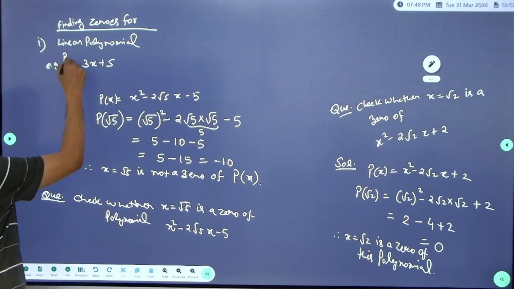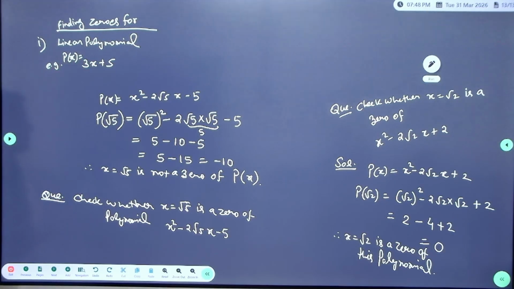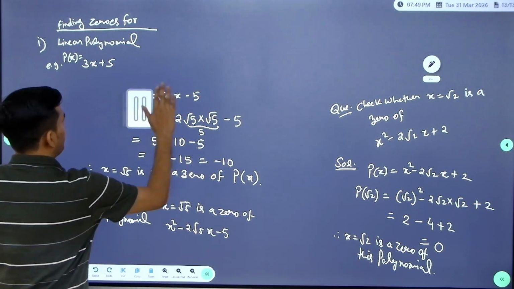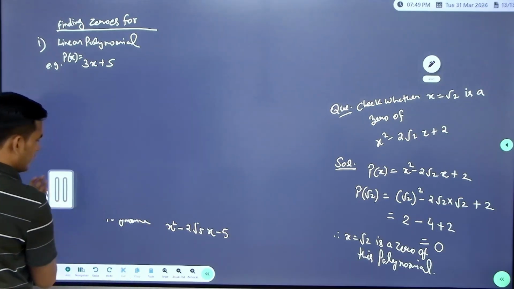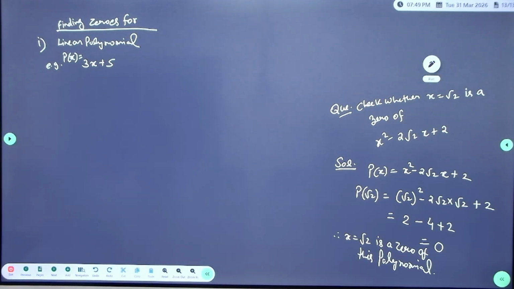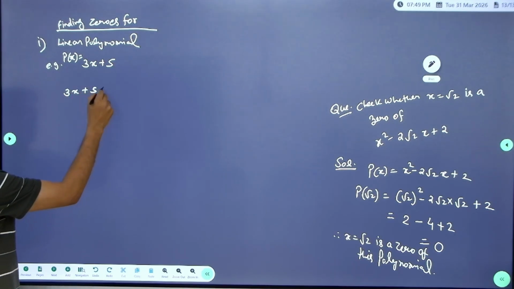So let's say P(x) is equal to 3x plus 5. To find the zero, you have to equate the polynomial with 0.